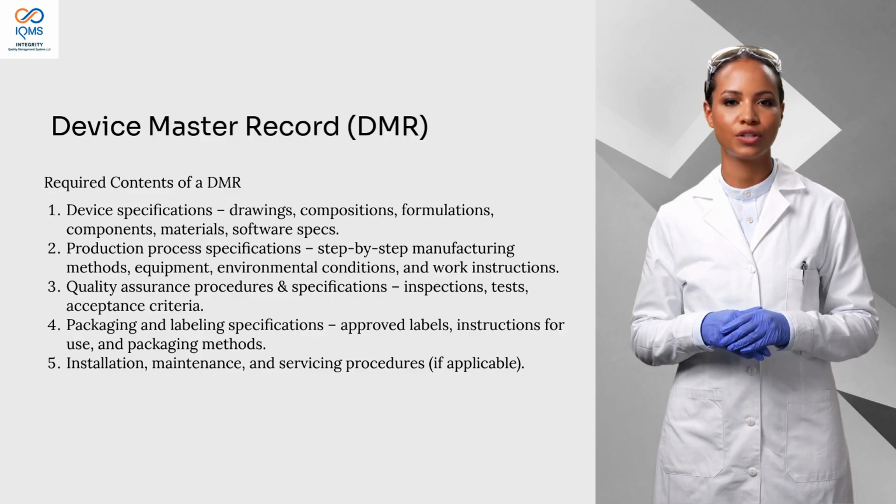Quality assurance procedures and specifications: inspections, tests, acceptance criteria. 4. Packaging and labeling specifications: approved labels, instructions for use, and packaging methods. 5. Installation, maintenance, and servicing procedures, if applicable.